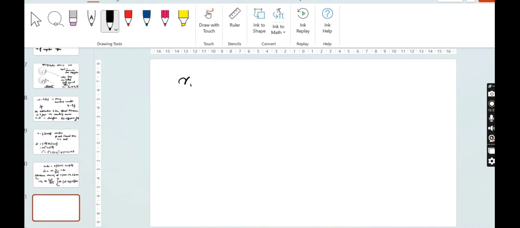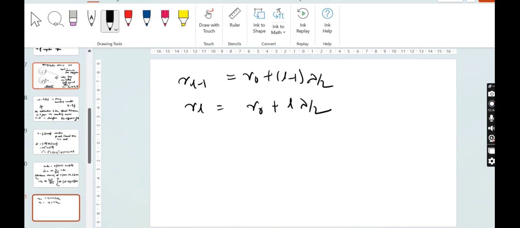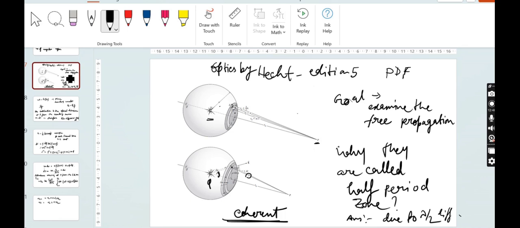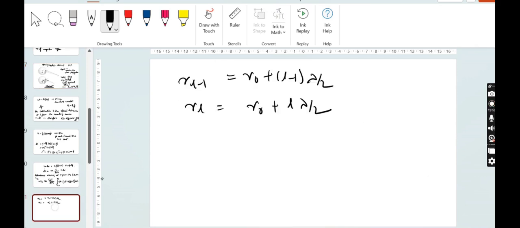So we know that R_L minus 1 can be written as R naught plus (L minus 1) lambda by 2, and R_L can be written as R naught plus L lambda by 2. Because here you see the first term is R naught plus lambda by 2, then 2 into lambda by 2, then 3 into lambda by 2.